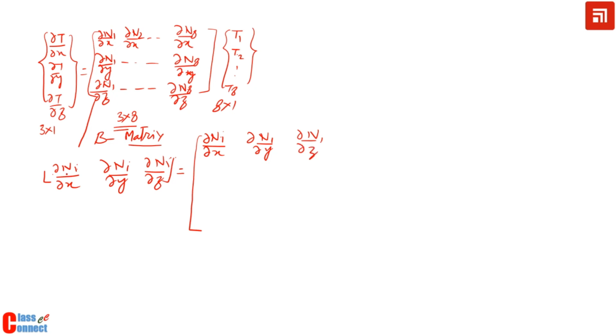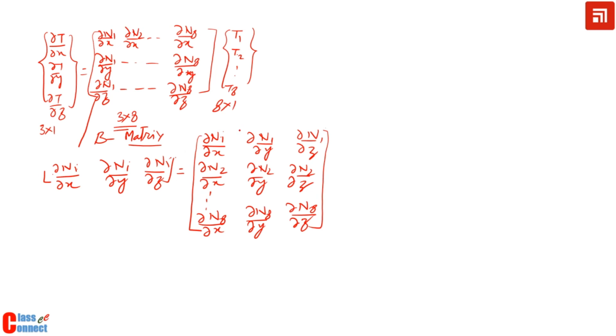So this is when I substitute I is equal to 1. When I substitute I is equal to 2, we get del n2 del x, del n2 del y, del n2 del z and up to 8. So I get del n8 over del x, del n8 over del y, del n8 over del z. And if we see this matrix and this matrix, we can find that this matrix is the transpose of this matrix. So this matrix is called B transpose.